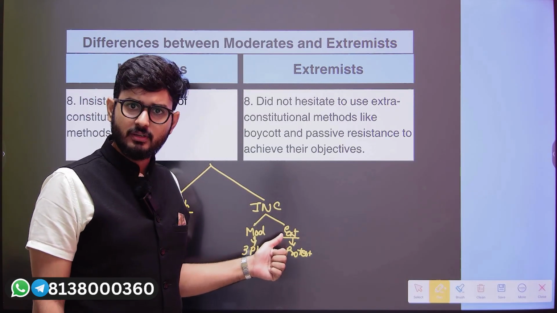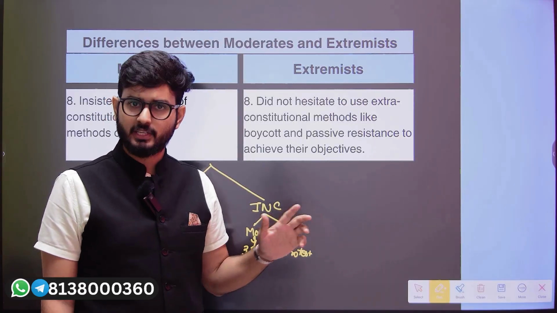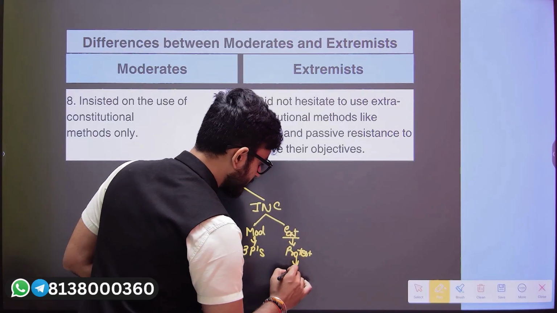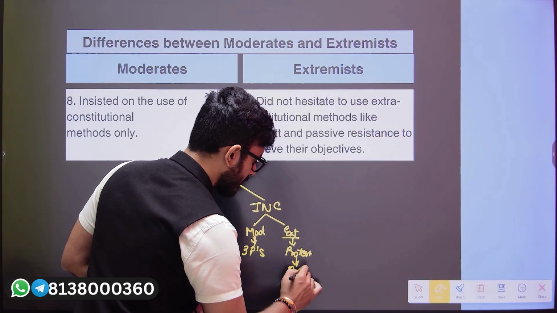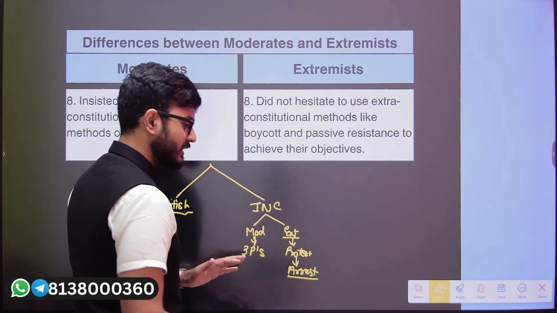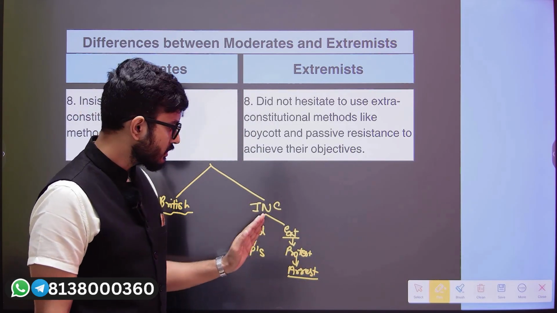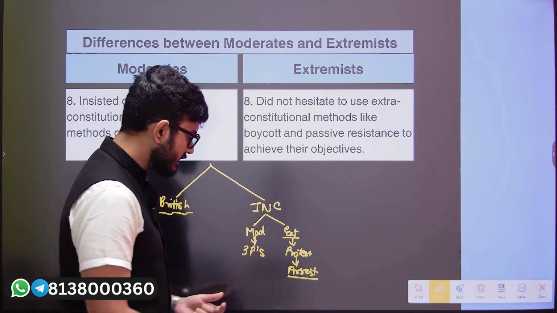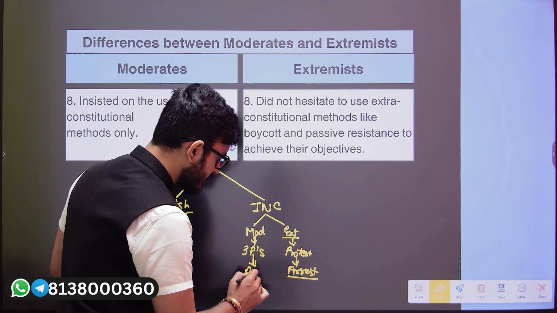Now if the extremists did a protest anytime, the Britishers would arrest them. As soon as they were arrested, since they belonged to a party in which there were also moderates, the moderates raised their voices.